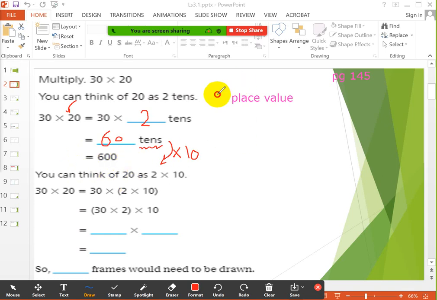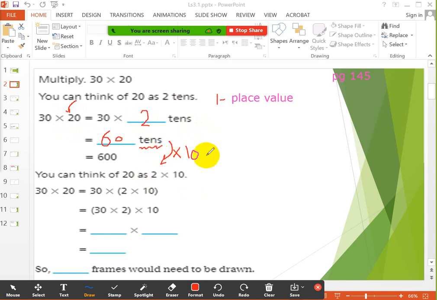This is the first strategy, which is place value. So if I want to multiply any number by a tens number, I will write the value of the number, which here is tenths, because I have a tens number. So 20 will be 2 tenths. Okay.